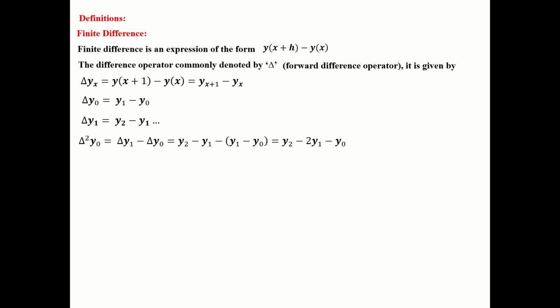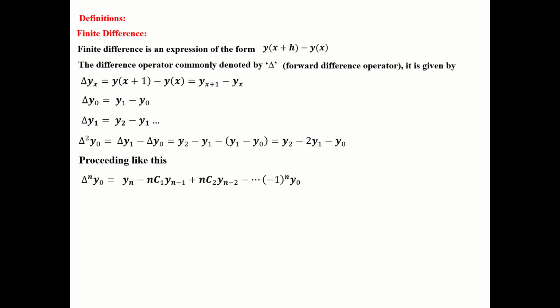Del y1 and del y0 we know from the second and third equations. Del y1 is equal to y2 minus y1, minus del y0, which is y1 minus y0. So grouping this, we will get y2 minus 2 y1 plus y0.